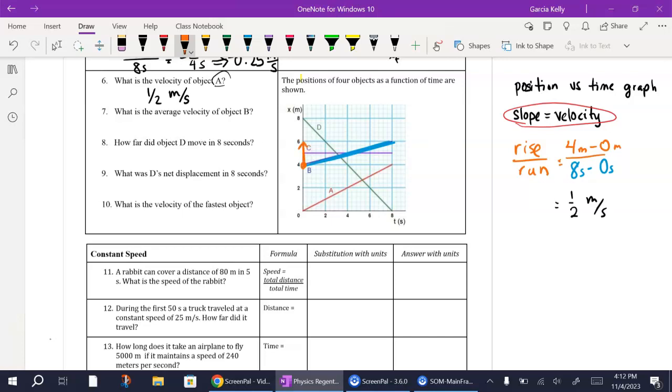So that's a rise of 2. How much did we run? Again, we went 8 seconds. So the velocity of B would be 1/4 meter per second. If we take a look at this in decimals, it makes it a little easier to see which number is bigger.